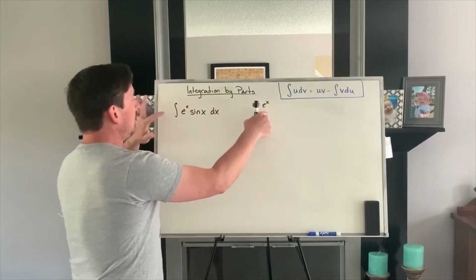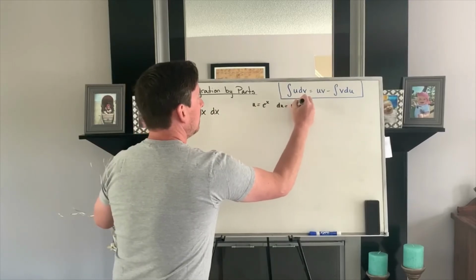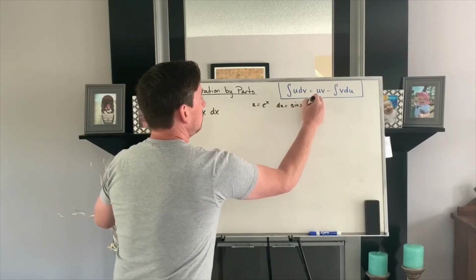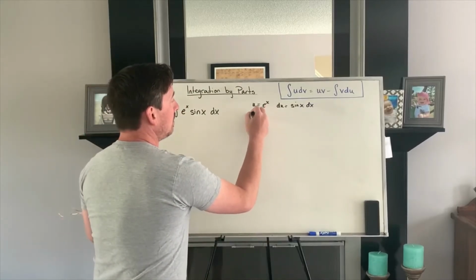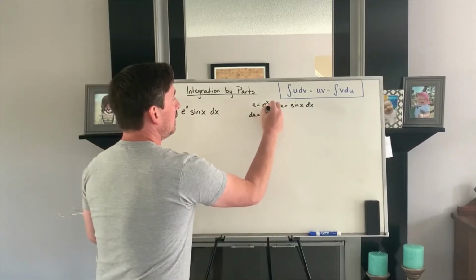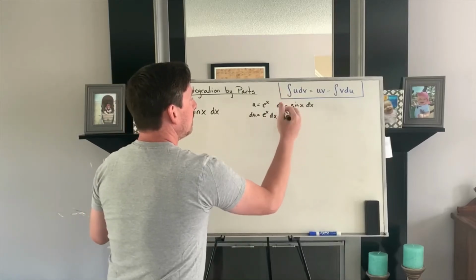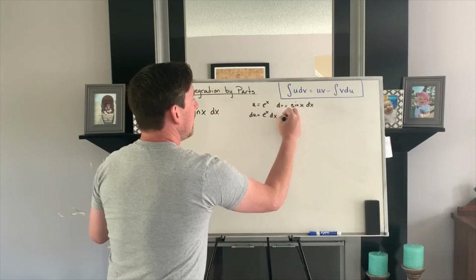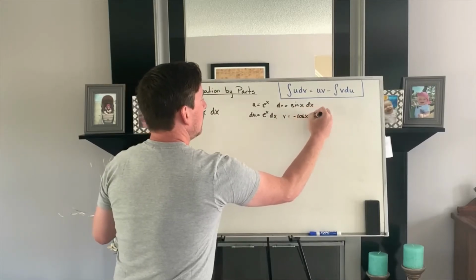So if u is going to be e to the x, then dv has to be the sine part. And of course it gets the dx. The derivative of u is e to the x dx, and the integral, sorry, that should be a v. The integral of that is going to be negative cosine.